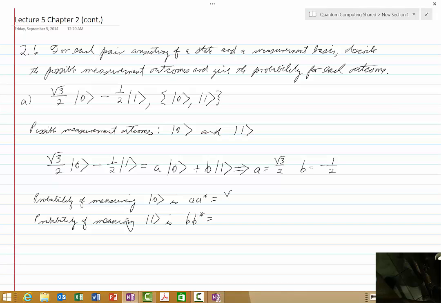We have square root of 3 over 2 times square root of 3 over 2 conjugate, and since square root of 3 over 2 is a real number, then this is just square root of 3 over 2 times the square root of 3 over 2, which is 3/4.